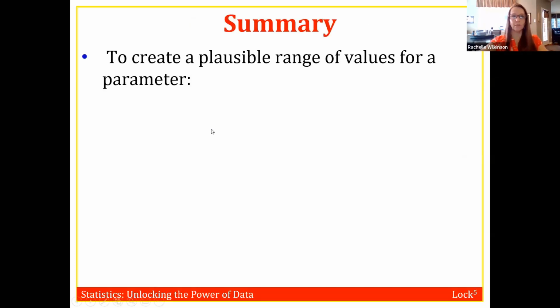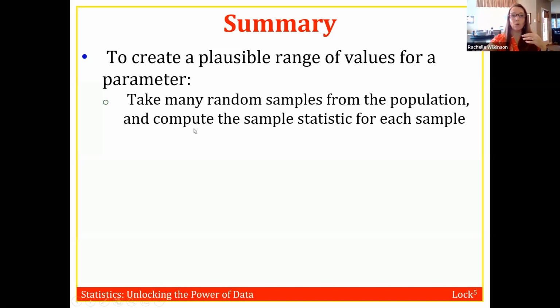So where we left off last time, we said, okay, we want to create a confidence interval. A confidence interval is this plausible range of values for a parameter. And in order to do that, we're going to create a sampling distribution.